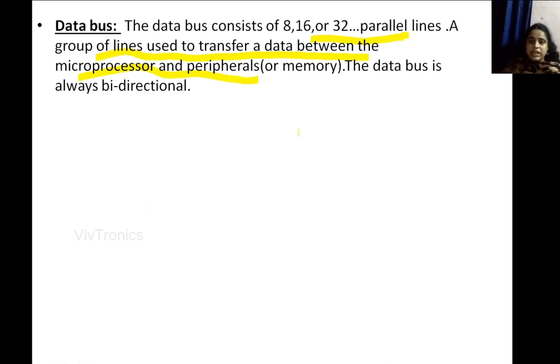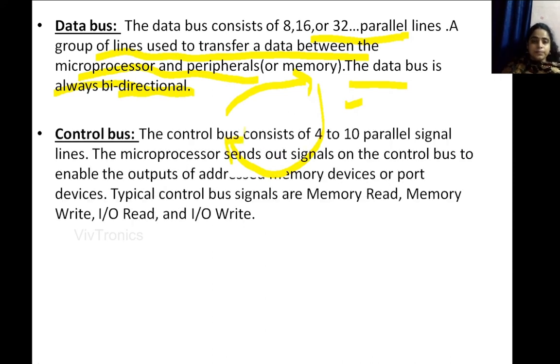If it carries address, it is called an address bus. If it carries data, it is called a data bus. The data bus is always bidirectional. Data can be sent out from the microprocessor to any device, and data can get into the microprocessor from any other device.